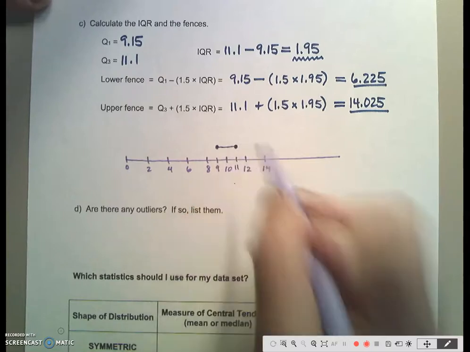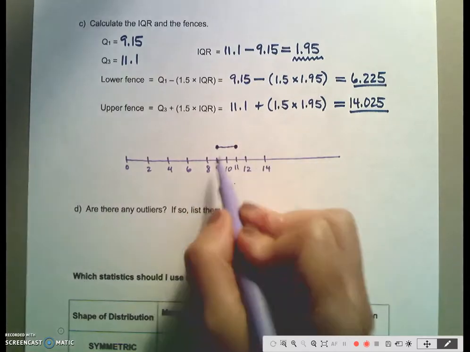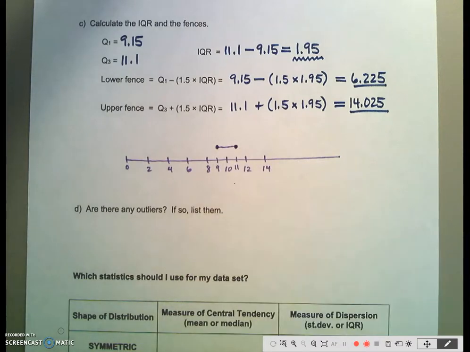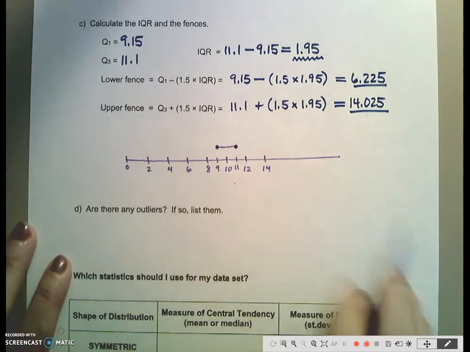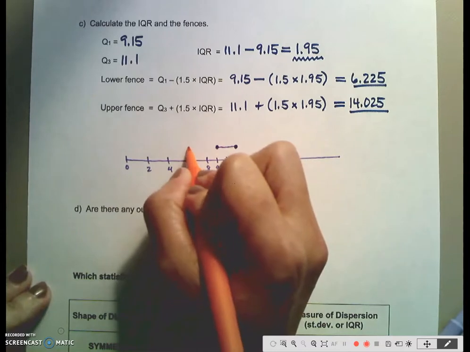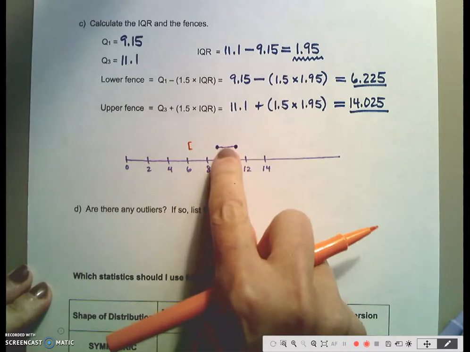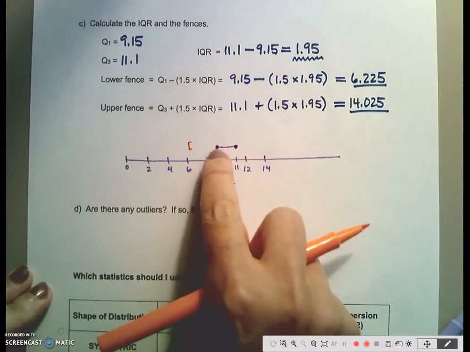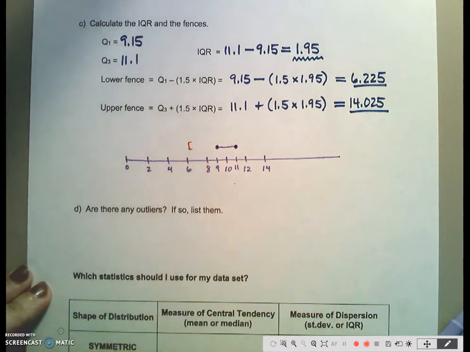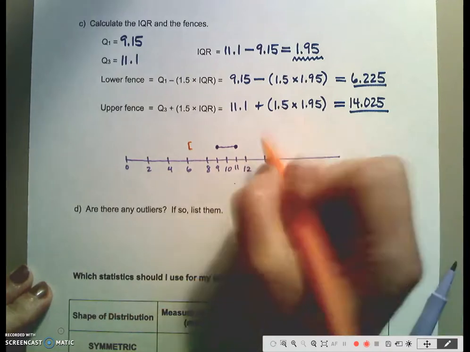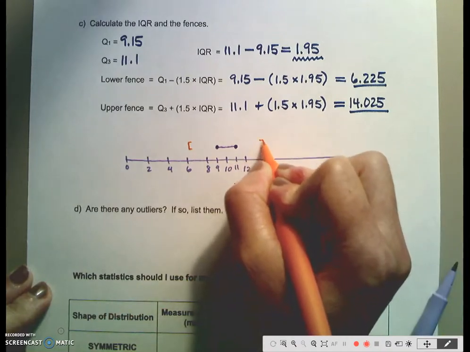That right there is your middle 50%. Q1, Q2, Q3 is all in there. That's your middle 50%. It's a distance of 1.95, okay? Now, we got a lower fence of 6.225. So we got a lower fence right about here. If you take 1.5 of those and subtract them from this point, you end up with that as your lower fence. And then if you take 1.5 of these and add them on, you end up with right at around 14.